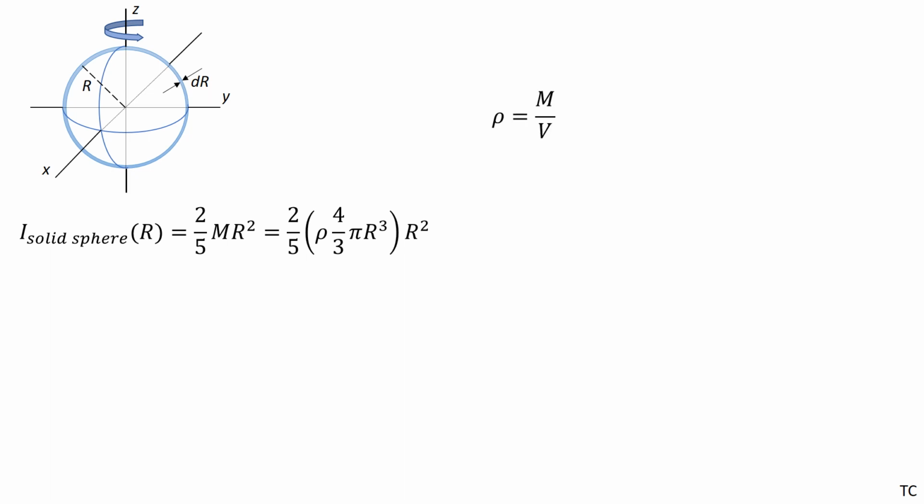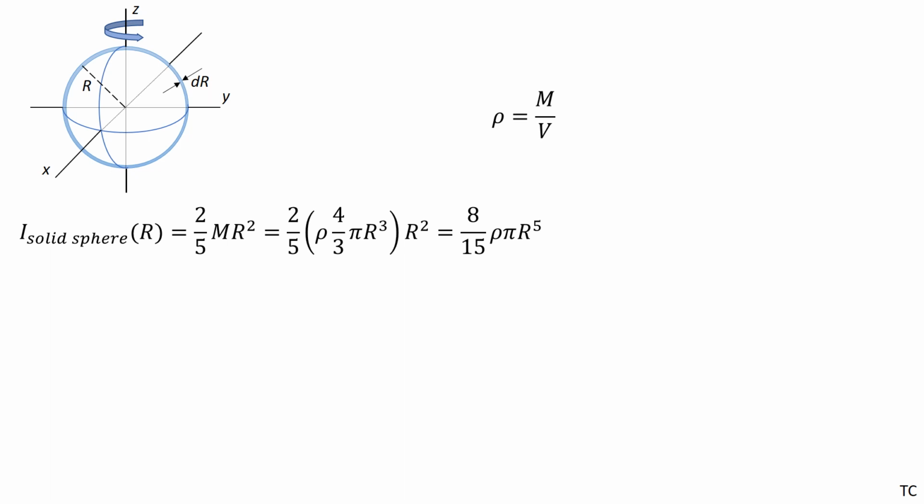And here I'm taking rho to be the volume density, or mass over volume. And from this expression, you can condense terms to write it as 8/15 rho pi r to the 5th. So that is the moment of inertia of a solid sphere.